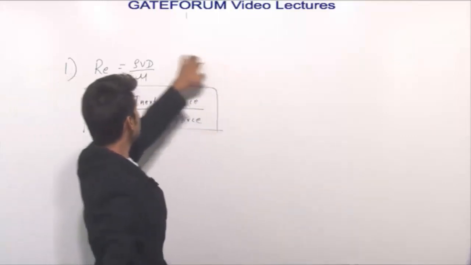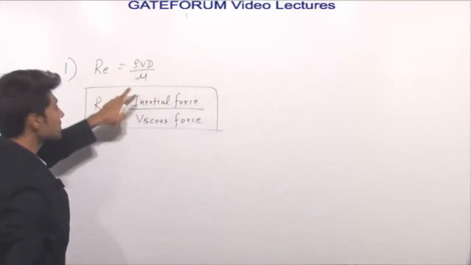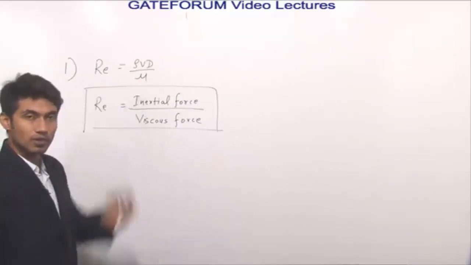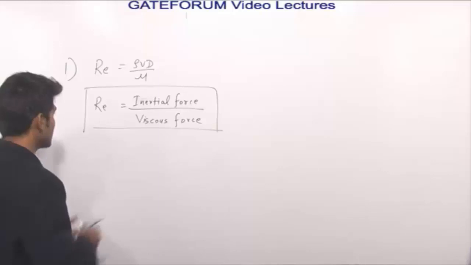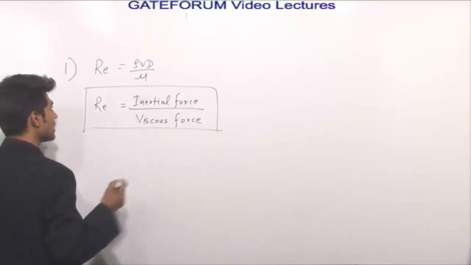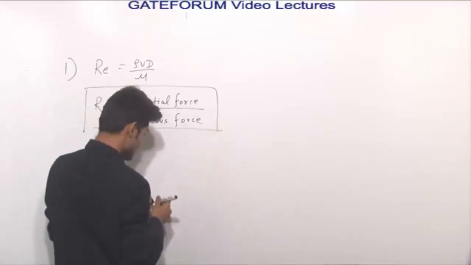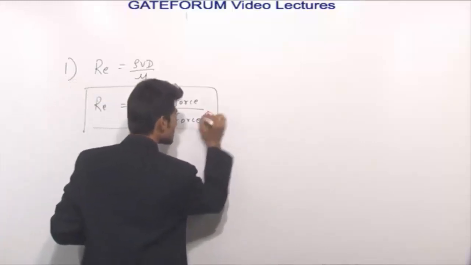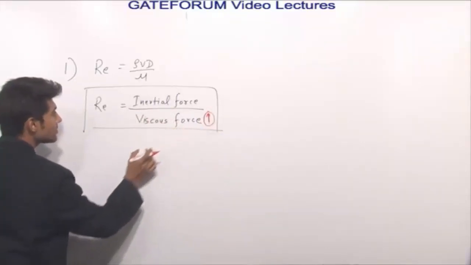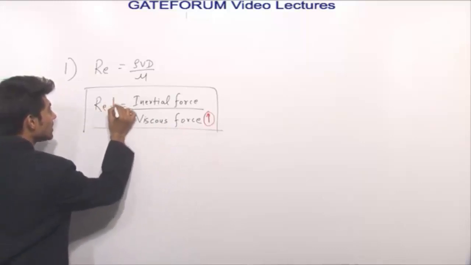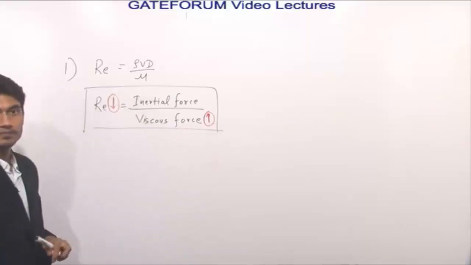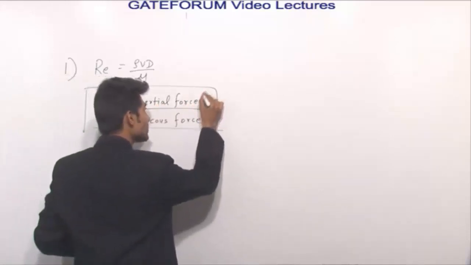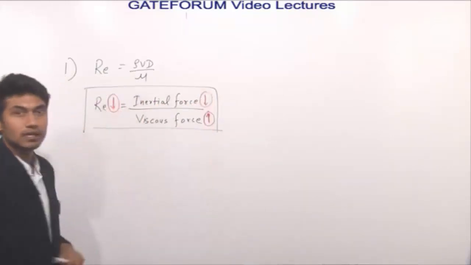From this definition we come across this particular formula, rho V D upon mu. It is an empirical formula. In this formula, if we increase the viscous force, Reynolds number will keep on decreasing. Or if we decrease the inertial force, Reynolds number will keep on decreasing.